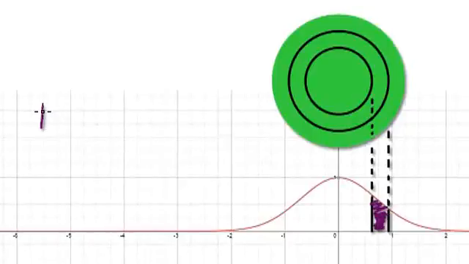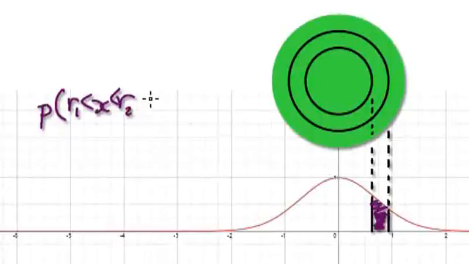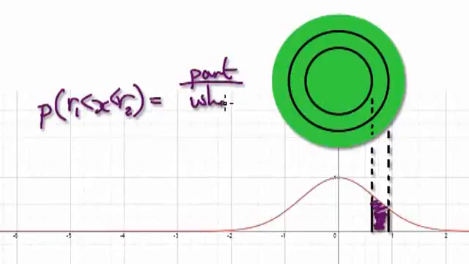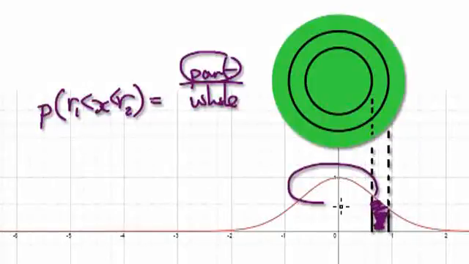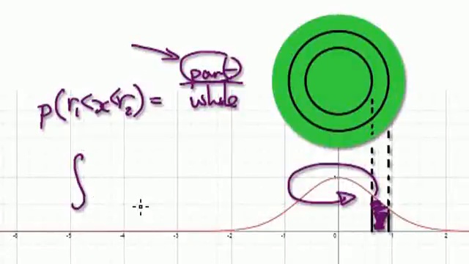So the probability of it landing between R1 and R2 is really part divided by the whole. Well, the part bit is us looking at this and working out the volume when we revolve it 360.